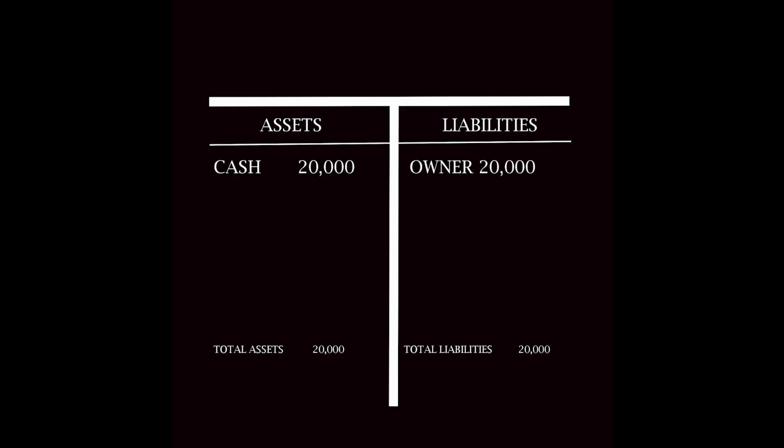Now, on the other side of the balance sheet, remember, it always has to stay in balance. Liability. Who owns that $20,000? Well, you do. You're the owner. That's the owner's share. That's the owner's equity. So on the opposite side of the balance sheet, we put $20,000. That's the owner's equity in balance.